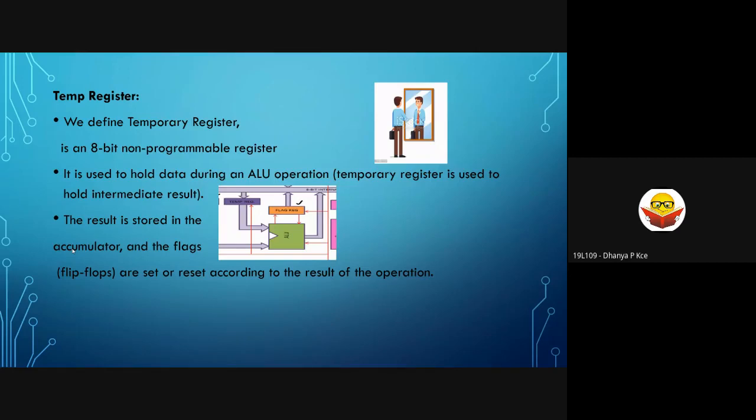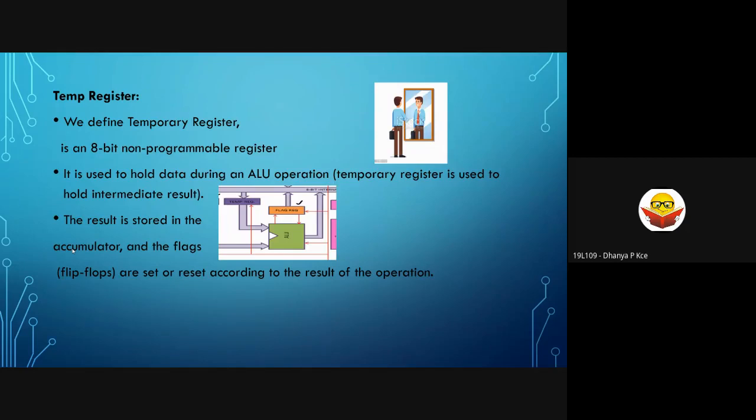This is the whole process we have learned, but there are some intermediate registers present in between. The temporary register stores a value which is temporary. If I haven't defined any register, it will get stored into the temporary register. And we had seen that the result gets stored into the accumulator, but before getting into the accumulator, the result is first stored in this temporary register.